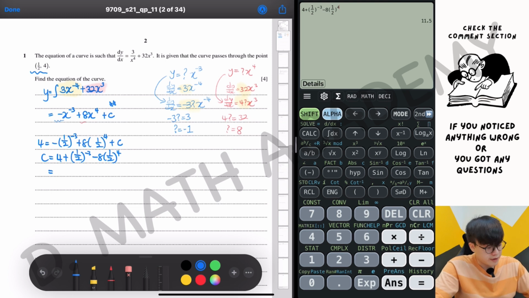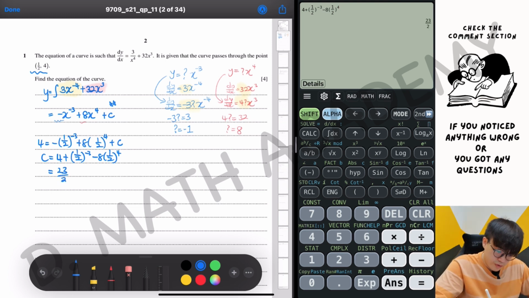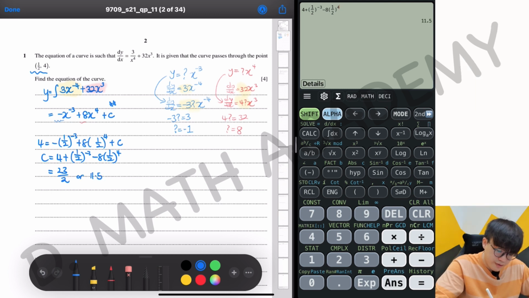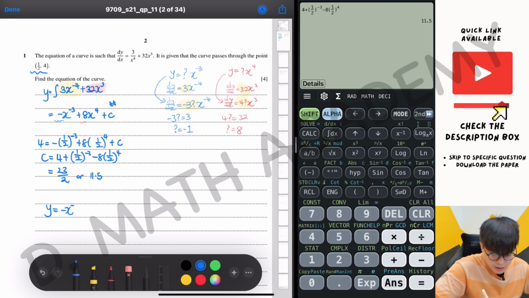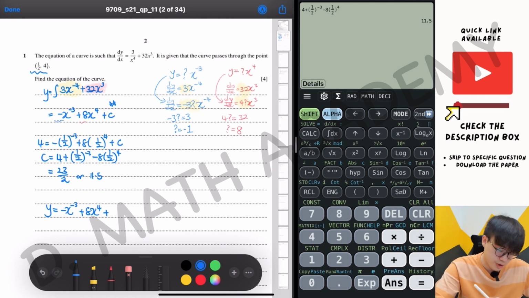You will get your final answer as 23 over 2 or 11.5, and your entire calculation goes by y equals negative x to the power of negative 3 plus 8x to the power of 4 plus, depending on whether you want to write it as a fraction or not.